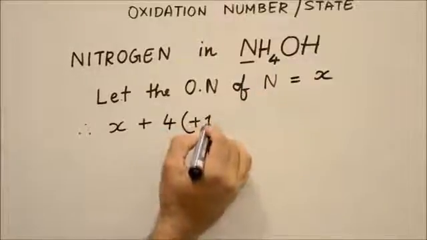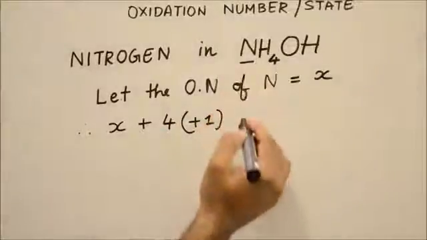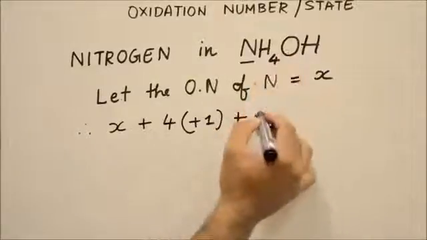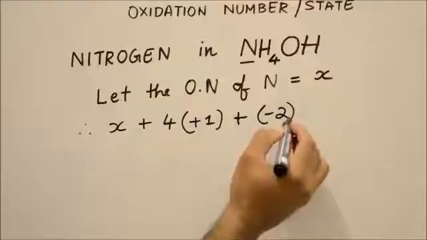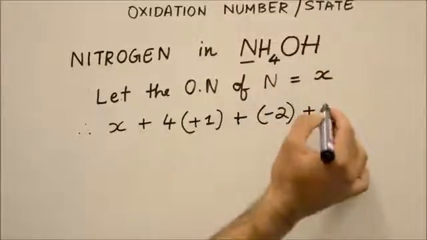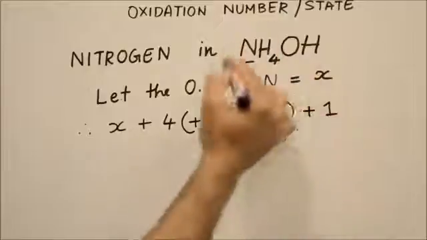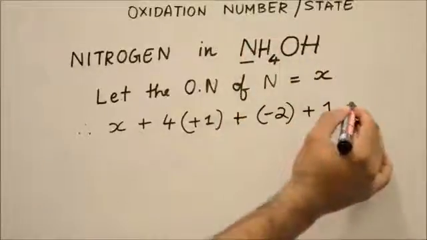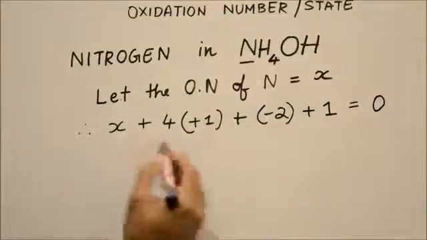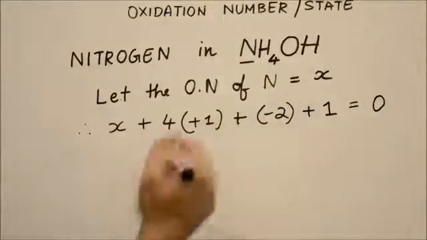So X plus 4 multiplied by plus 1, plus, you have only 1 oxygen, so it is minus 2, plus another hydrogen, so it's going to be plus 1. The whole sum should be equal to 0 as there is no charge in ammonium hydroxide.